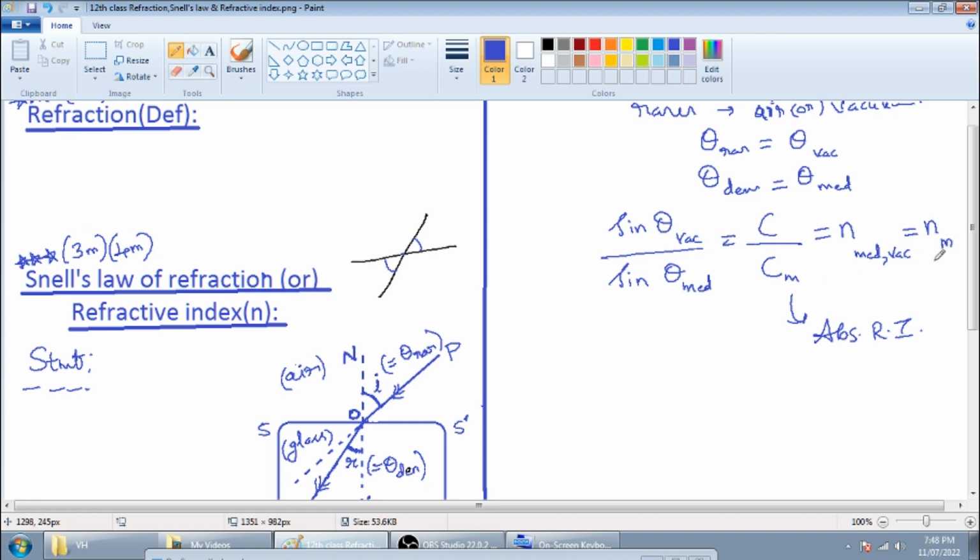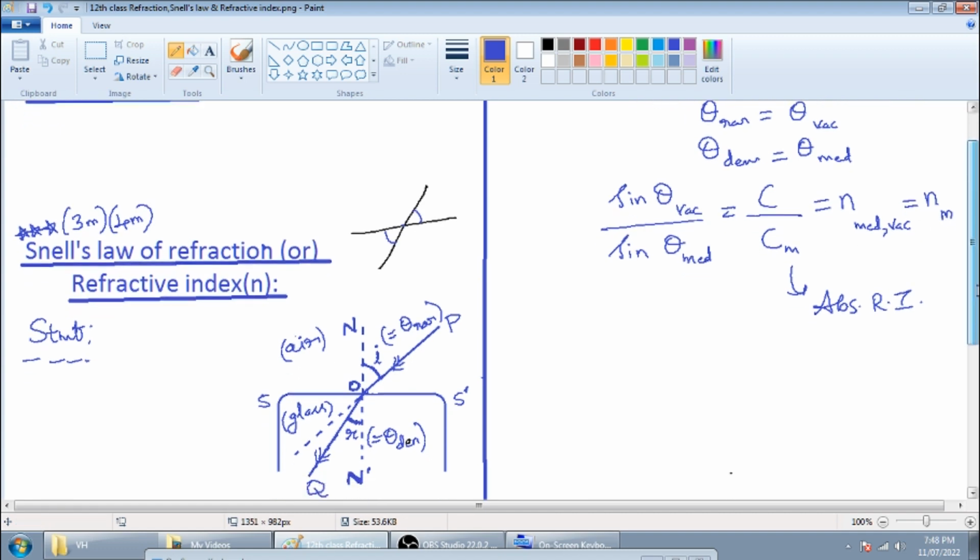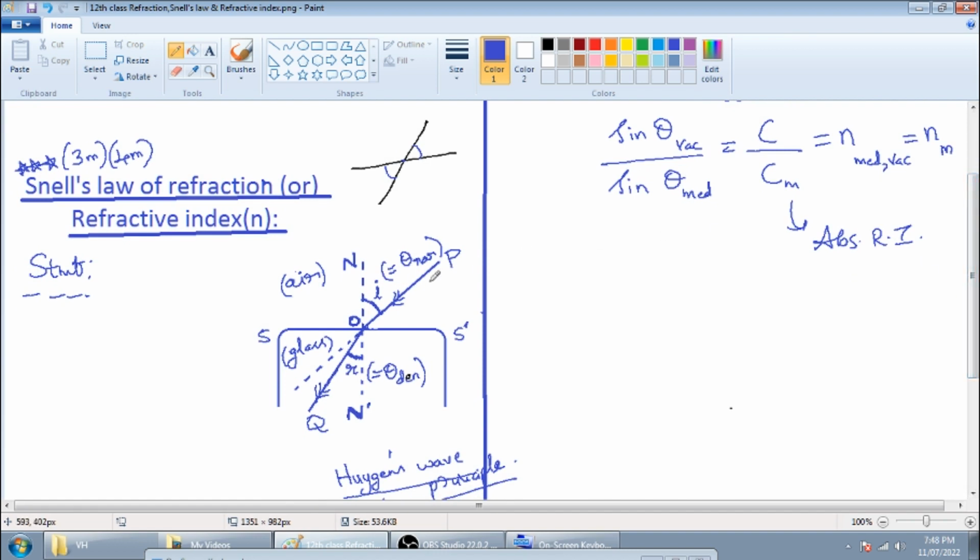Now observe a very, very important thing. Whenever a light wave is traveling in a rare medium, it is found that it can travel faster, but in a denser medium it finds difficulty in moving, just like ordinary material objects.